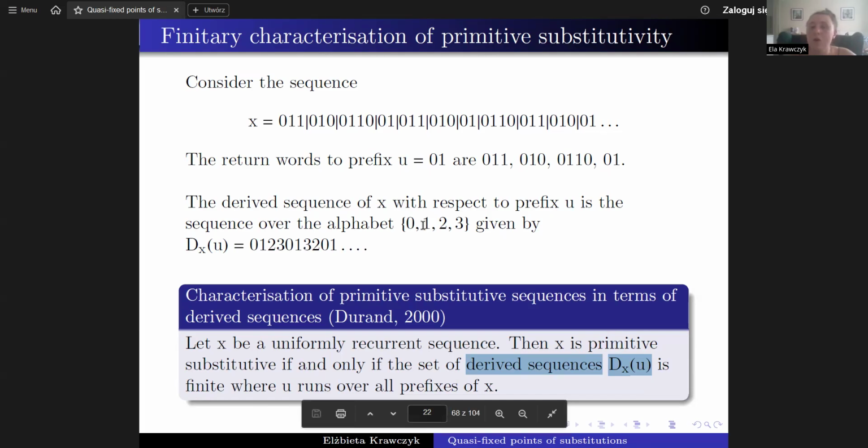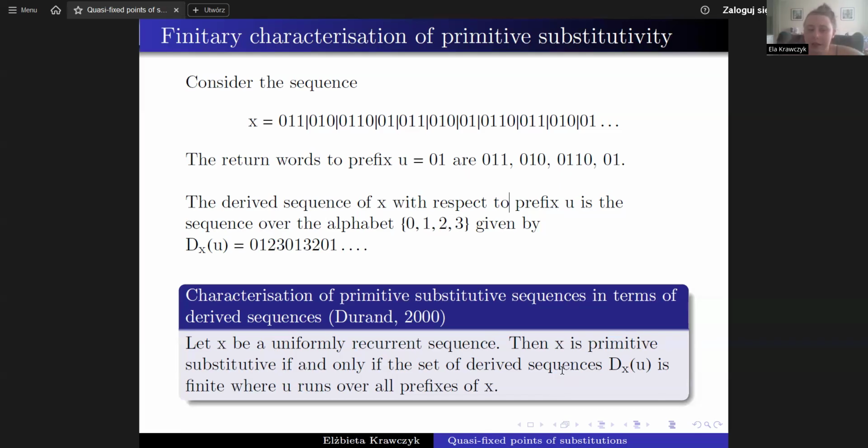Okay, so not only do you know that you have uniformly bounded sizes of these return words to all prefixes, but you know that they appear in this bounded kind of way. And once again, this is a characterization which doesn't see the substitution.